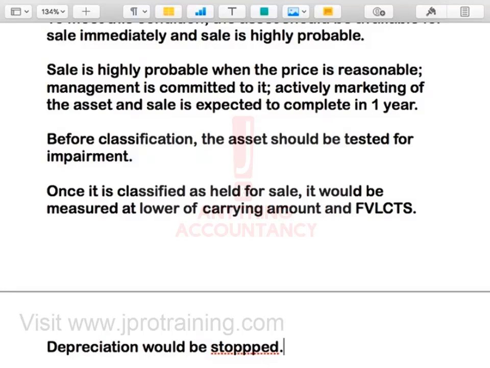That's the whole list for IFRS 5. Does that make sense?